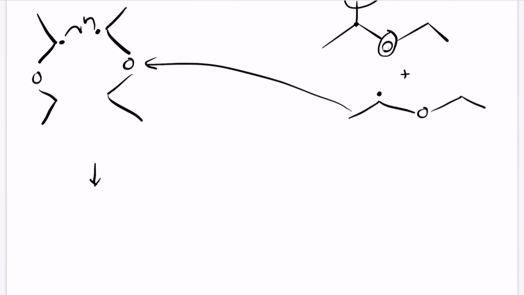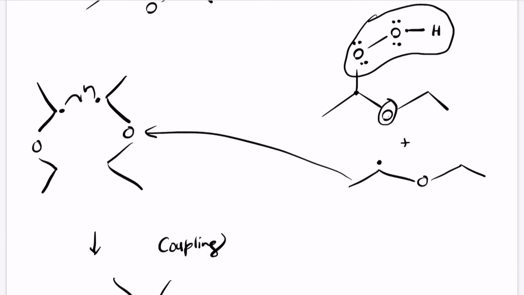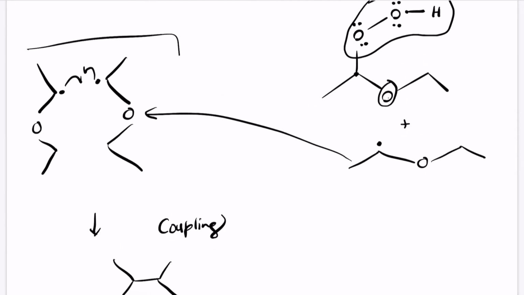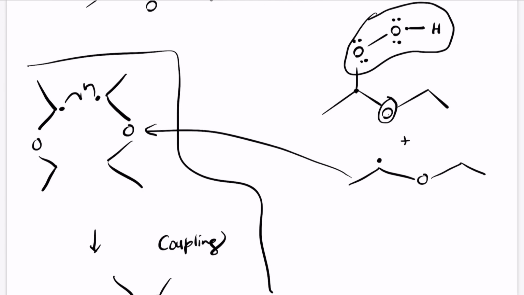So that complex structure will look somewhat like this. So this process, the final process of termination, is called coupling. This is the process of termination.